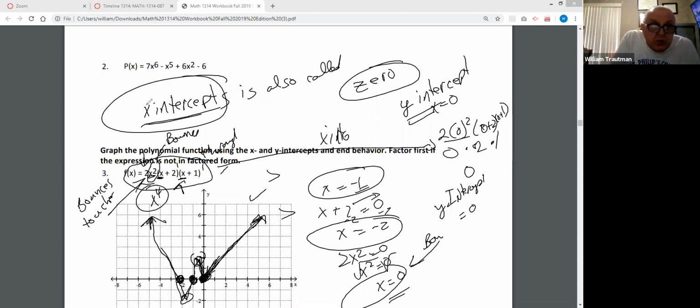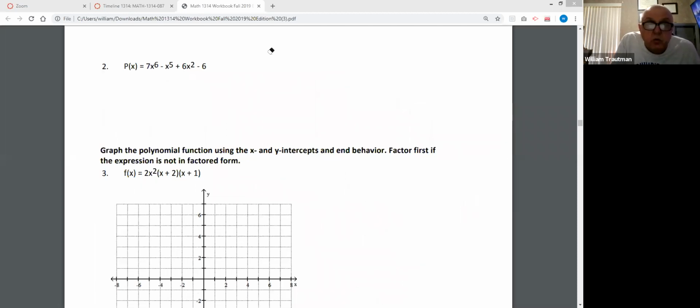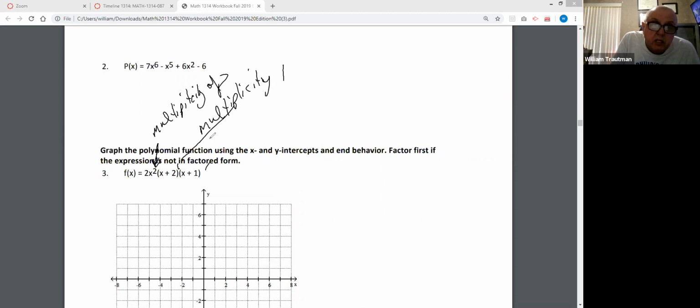I'm going to erase the whole thing. We call this a multiplicity of 2. These have powers of 1, so those are multiplicities of 1.